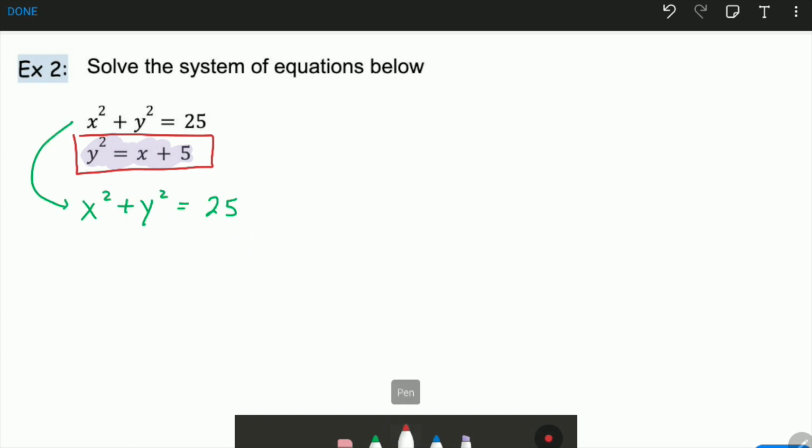So what's happening now? Step 1, we're going to use y squared equals x plus 5 for our equation with y by itself. Not completely by itself, mind you. But what this equation does is it tells us we can replace not y, but y squared with x plus 5. So I'm going to be replacing y squared here with x plus 5.